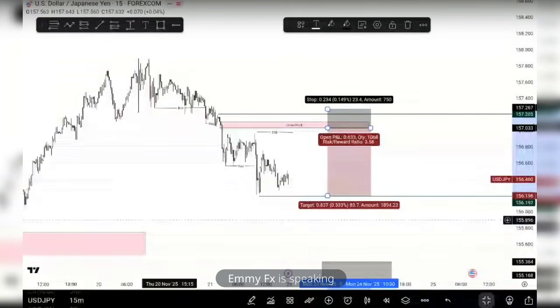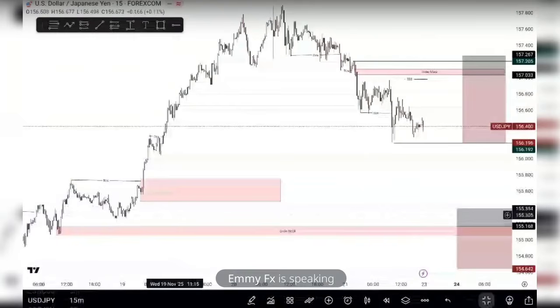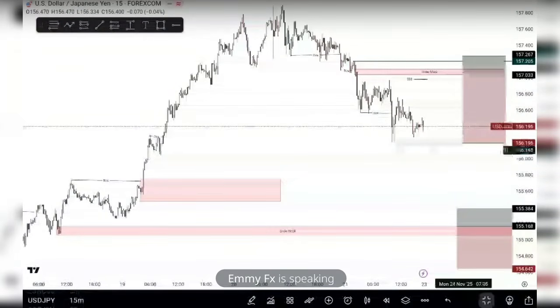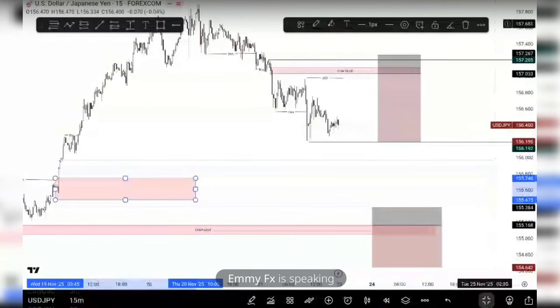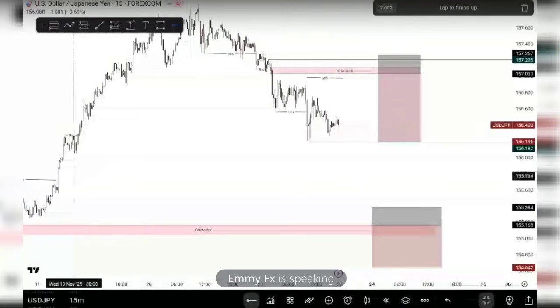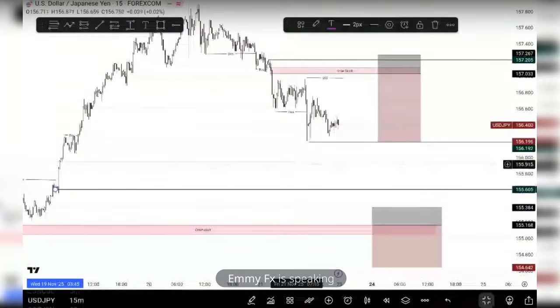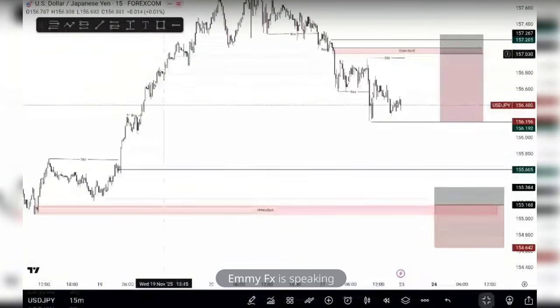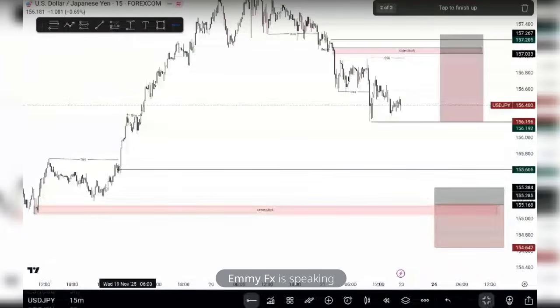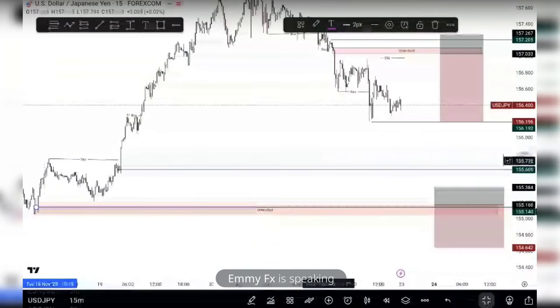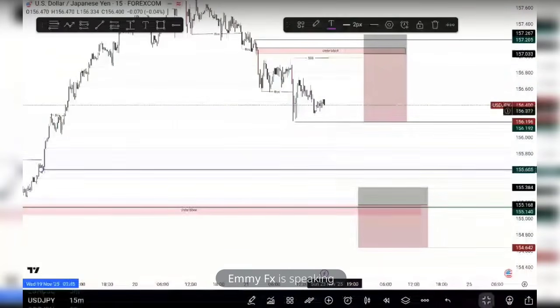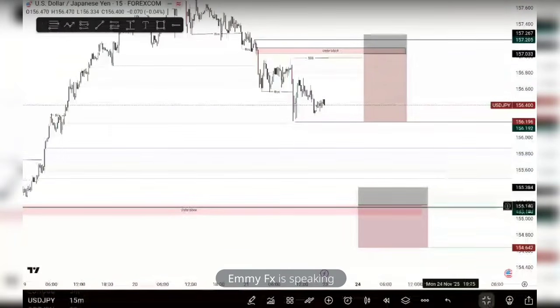If you can ride it from here, or here, this should be your take profit one. You should also look at this demand zone to take out profit two, or this zone to take out profit three. But let's make our take profit more realistic.